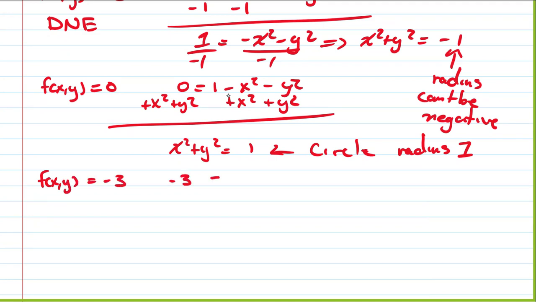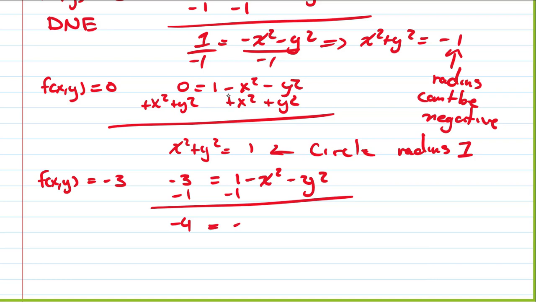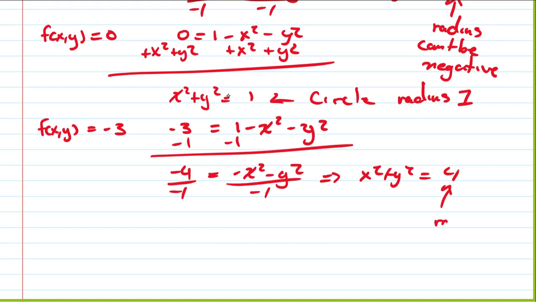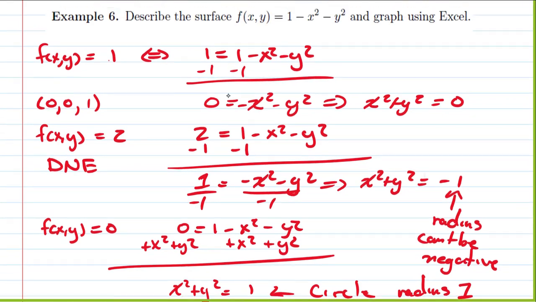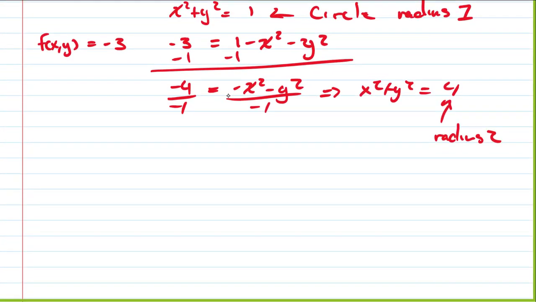We would get negative 3 is equal to 1 minus x squared minus y squared. And we can do the same manipulations. Minus 1, we get negative 4 equals negative x squared minus y squared. Divide by negative 1, we get x squared plus y squared is equal to 4. And once again, this is a circle, and this time it's going to have radius 2, because 2 squared is equal to 4.